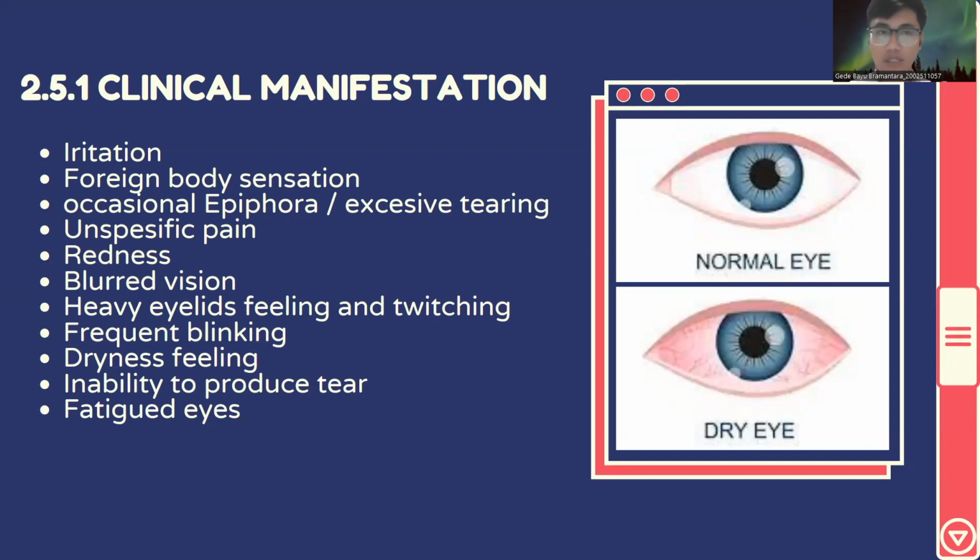The clinical manifestations are irritation, foreign body sensation, occasional epiphora or excessive tearing, unspecific pain, which can be dull or sharp, redness of the eyes, blurred vision, and sometimes worsening to decreased vision, eyelid heaviness and twitching, frequent blinking, which is our eye trying to produce or shed tears, a dryness feeling of the eyes, inability to produce tears, and also fatigued eyes.